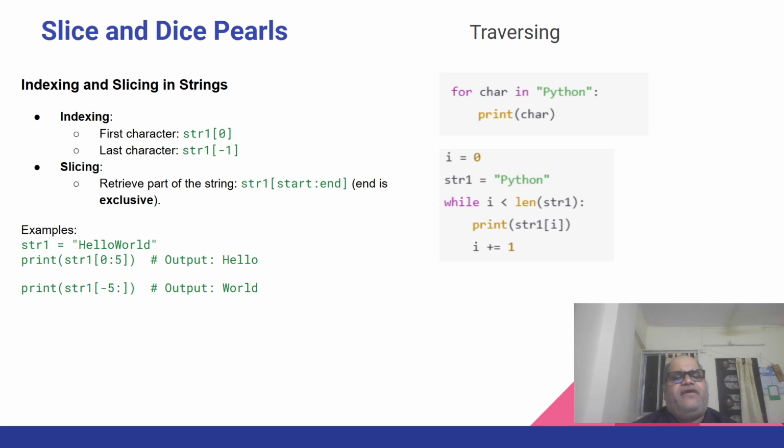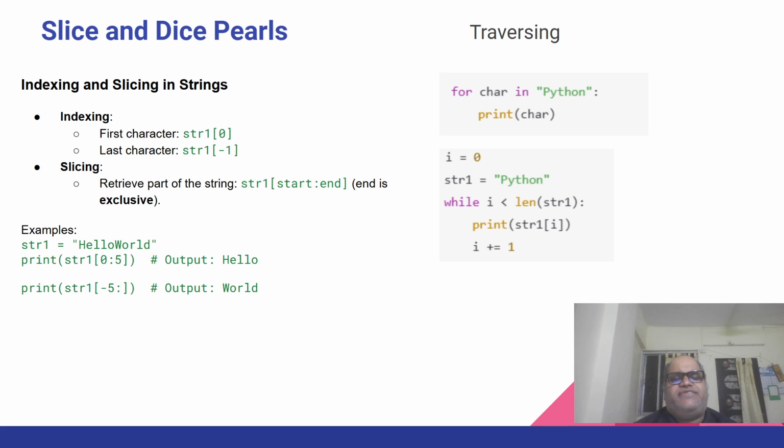Slicing is retrieving part of the string, and here for string 1, you type start and end, where end is exclusive. So if you are having string 1 as hello world, as you can see below in this example, and you try to retrieve string 1 from index 0 till 5, so 0, 1, 2, 3, 4, right?